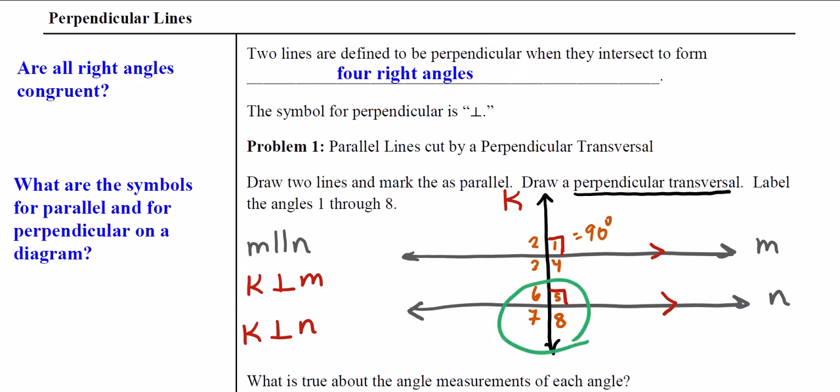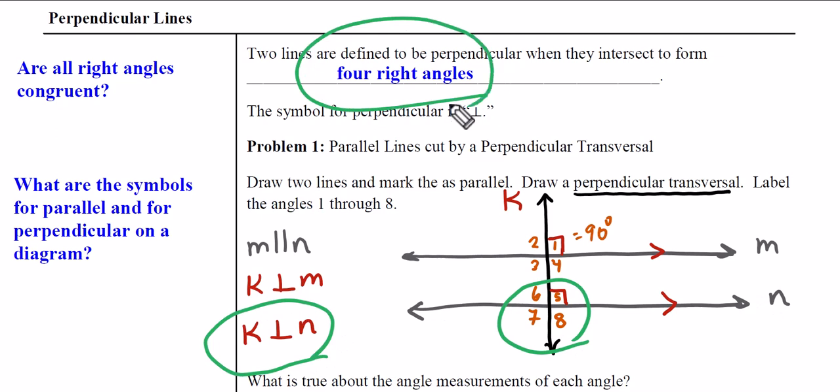If we look at the second case, where K is perpendicular to line N, we know that 2 lines that are perpendicular form 4 right angles. So we know that angle 5 is 90 degrees, and so is angle 6, and angle 7, and angle 8. So the big takeaway here is that for all 8 angles, since they are all right angles and they're all congruent to each other, angles 1 through 8 are all 90 degrees.